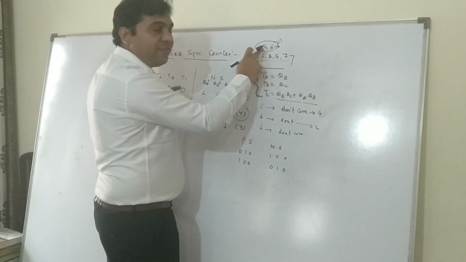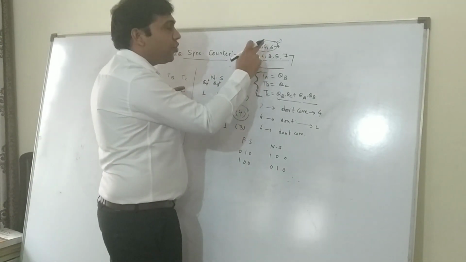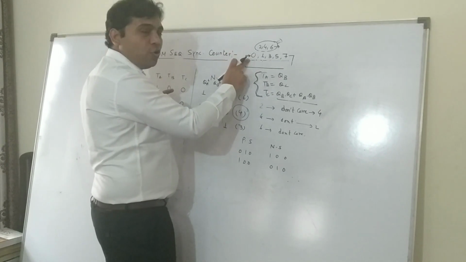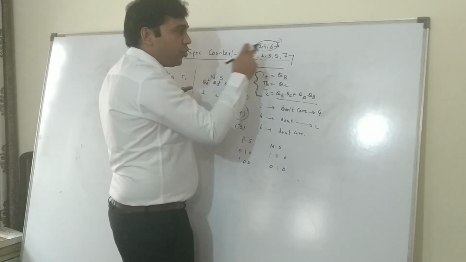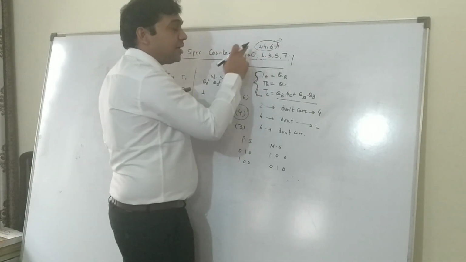Whenever the present state is 4, you can design that the next state has to be 0. Whenever you are designing a state table, if the present state is 6, the next state will be 0.